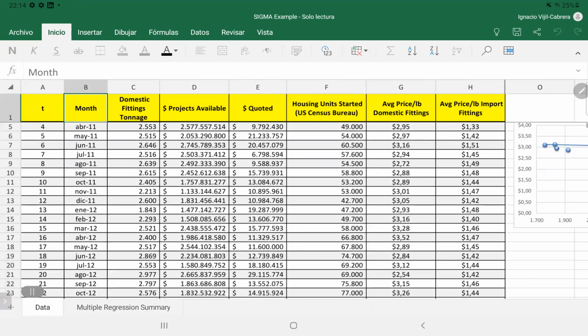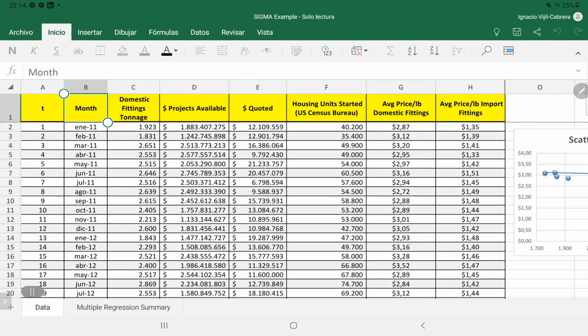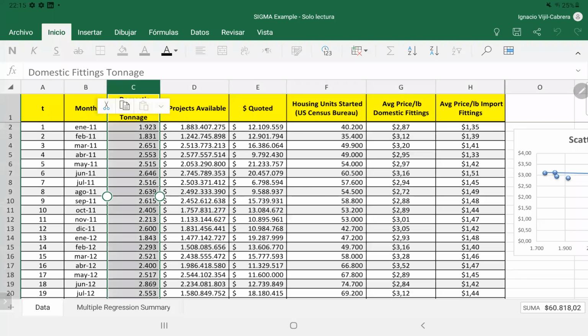And then I said, okay, domestic fittings tonnage, because I had elbows that weighed few ounces, very tiny, and I had some that were 64 inches tall. So I had to bring it down somehow to a common element. So I said, okay, what's the weight? How many tons we sold each month of the domestic one?